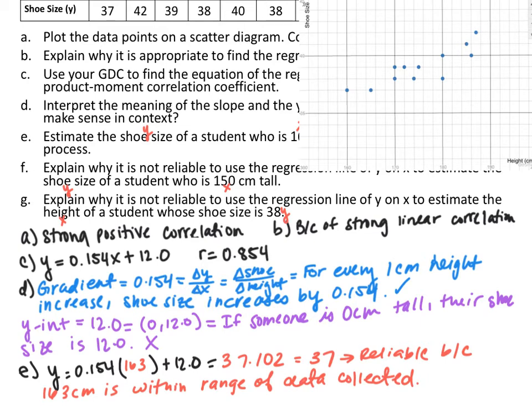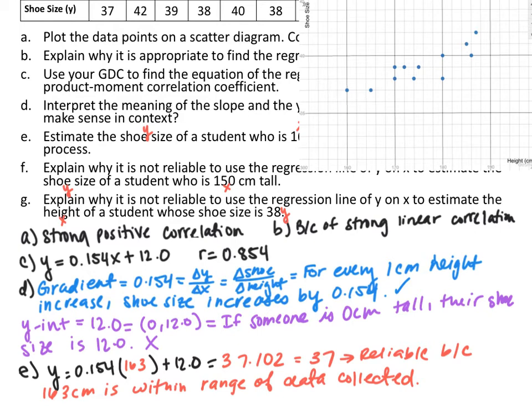Yes, it makes sense in context, except shoe size doesn't increase that way, but it's a good model. And then y-intercept, 12.0, so that means you have the coordinate 0, comma 12.0. So if someone is 0 centimeters tall, their shoe size would be 12.0. That doesn't make sense. You cannot be 0 centimeters tall, and if you are 0 centimeters tall, you're not going to have feet to therefore have a shoe size.